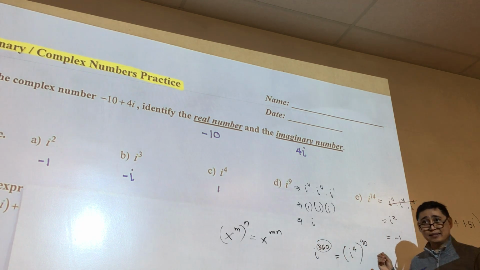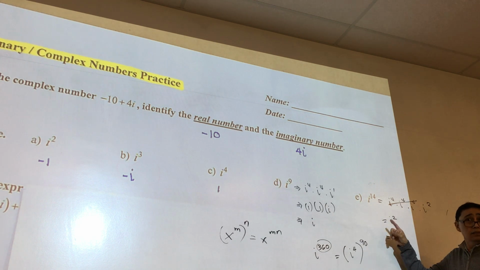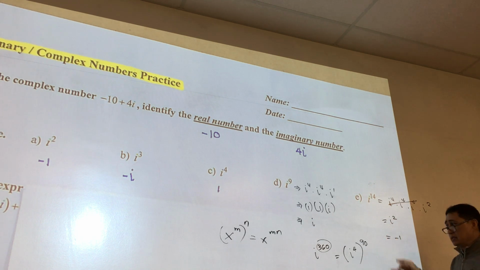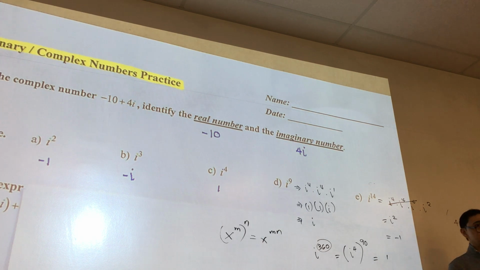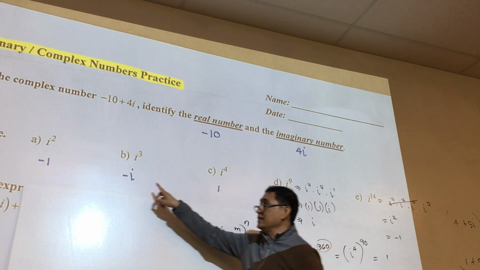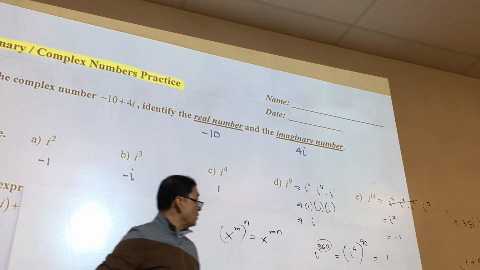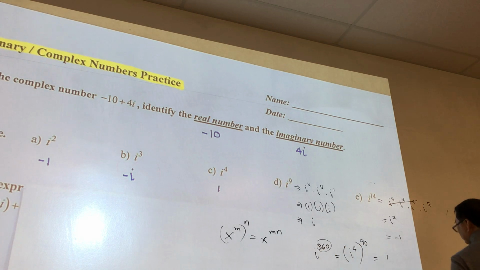All right, ready. What is i to the 4th? 1. Multiply it 90 times? Done. But how come we got negative 1 earlier? Oh, no, i to the 4th, this one. Negative 1 is i squared. Yeah, so then there's, never mind. Oh, that's a different problem. Yeah. That's a different problem.